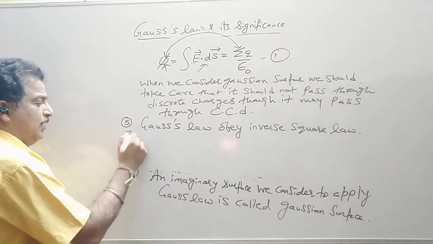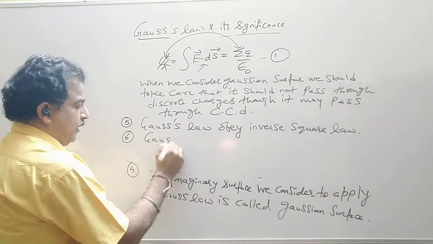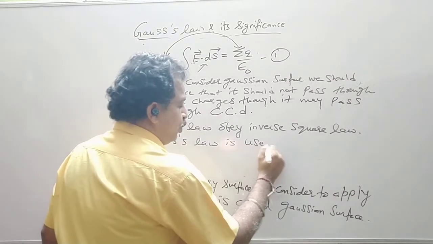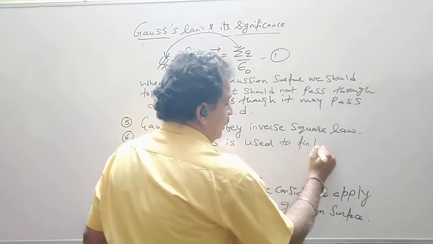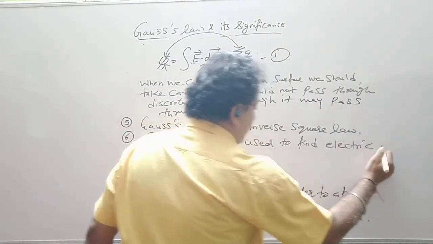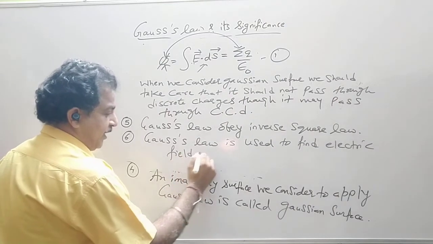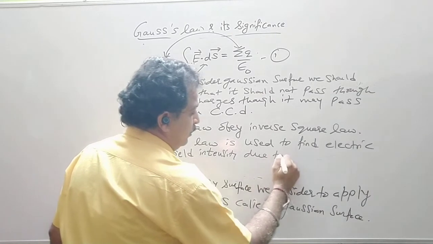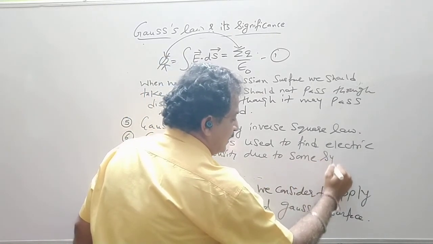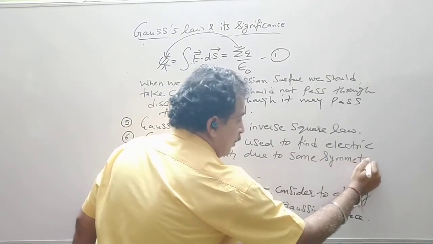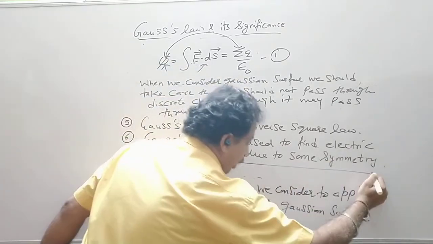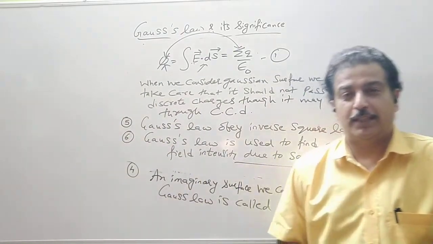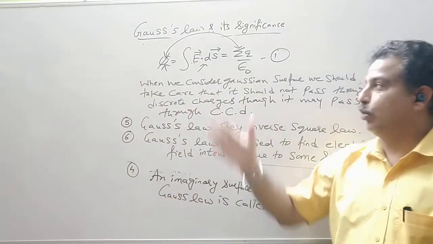And the last, what we have written earlier also: Gauss law is used to find electric field intensity due to some symmetry. We will try to understand this point while studying the application of the Gauss law. There are 3-4 applications of the Gauss law.